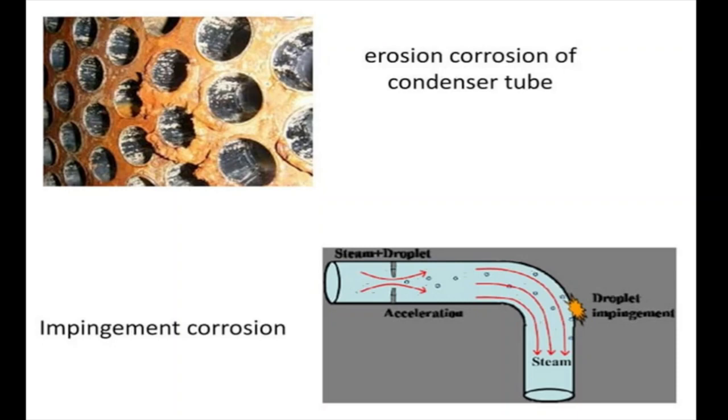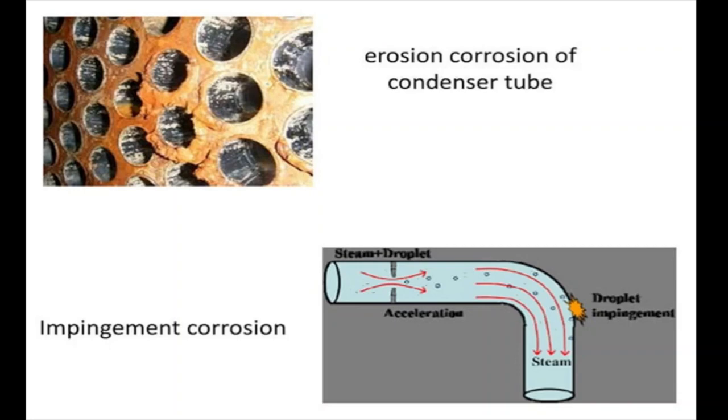So over here we can see that the steam and the droplets, both of them, when passing through a very narrow channel within a closed pipeline or loop, immediately get accelerated as they pass through that narrow channel. At the cost of the pressure drop, the velocity will increase, and if there is any bend or curved section in front of that, the small droplets will create an impingement effect.